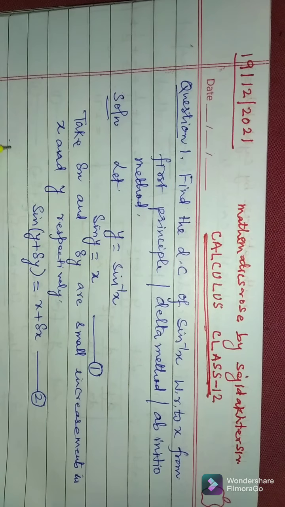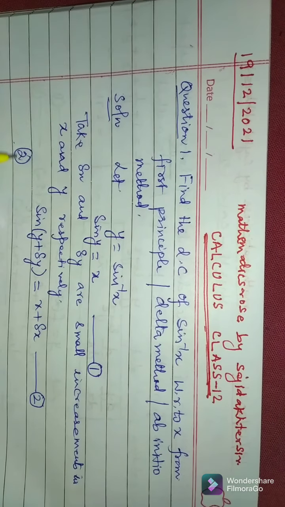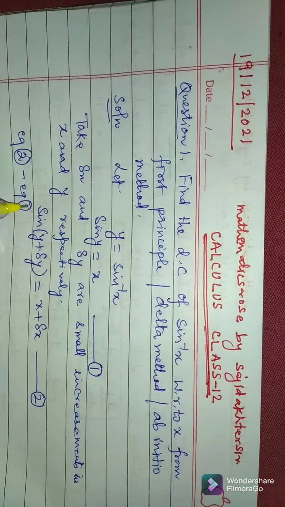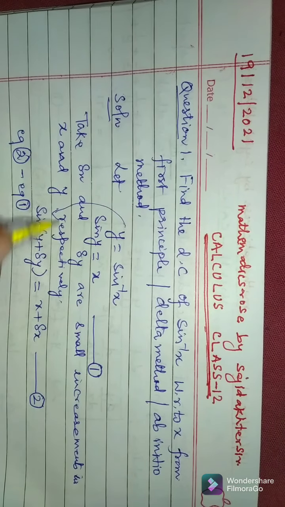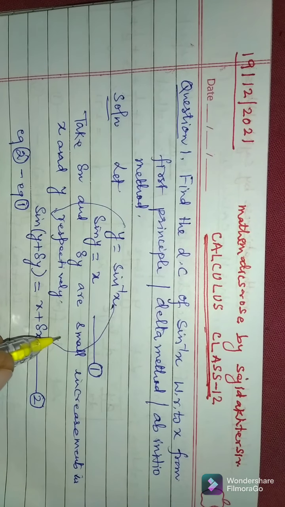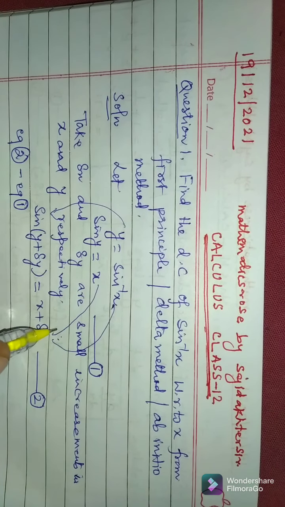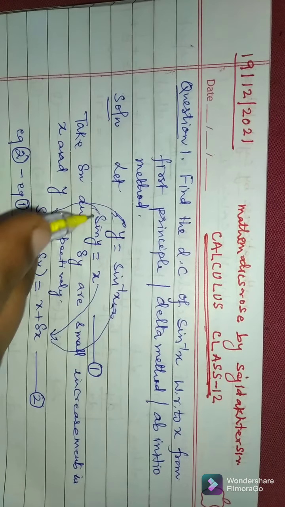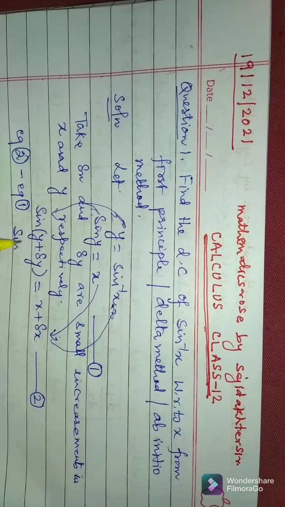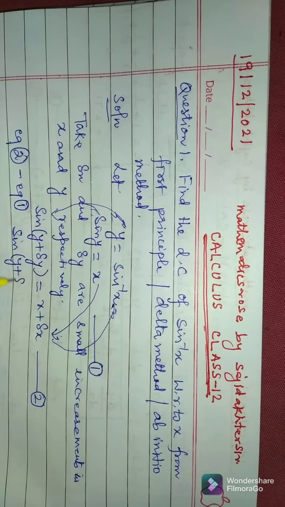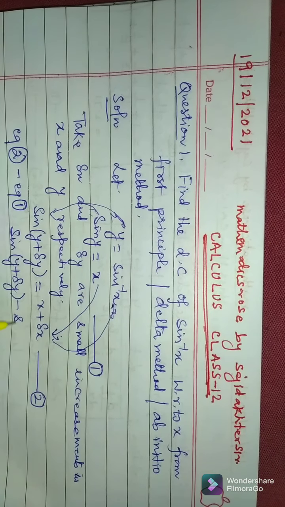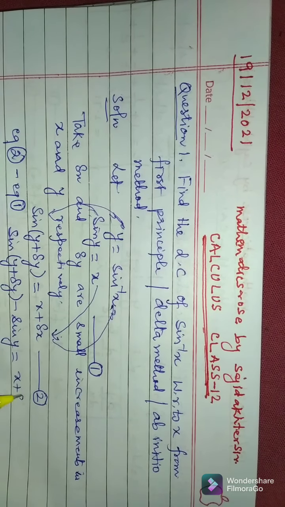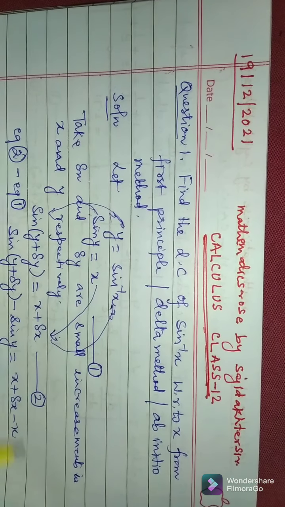Now from equation number 2 you will have to subtract equation 1. So sine of y plus delta y minus sine y is equal to x plus delta x minus x.